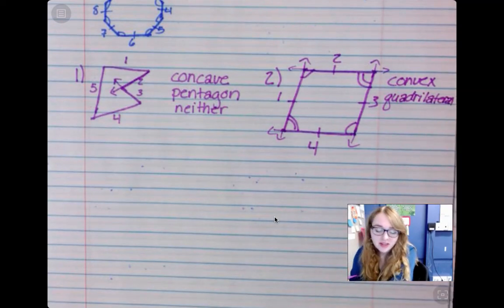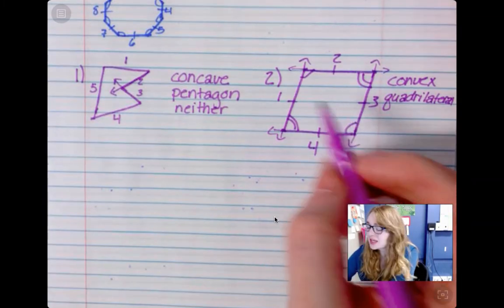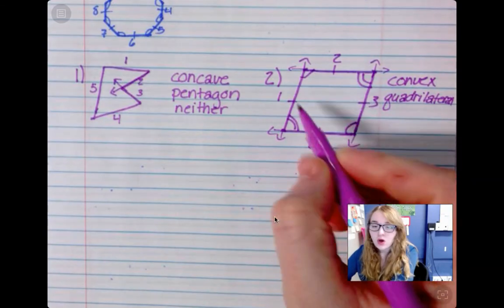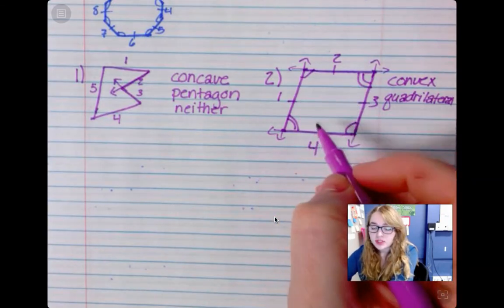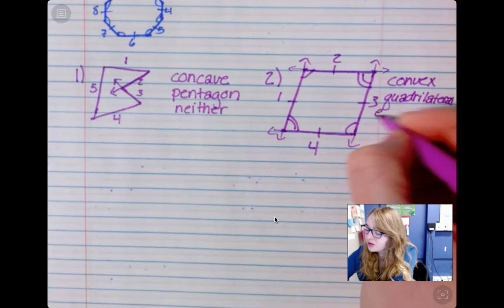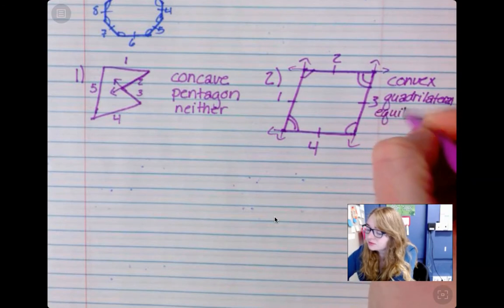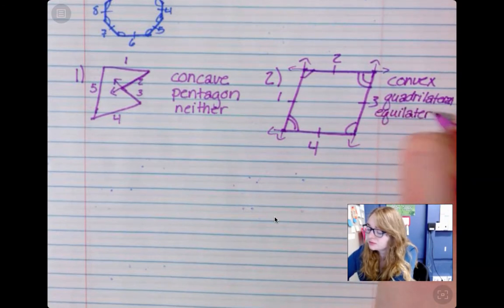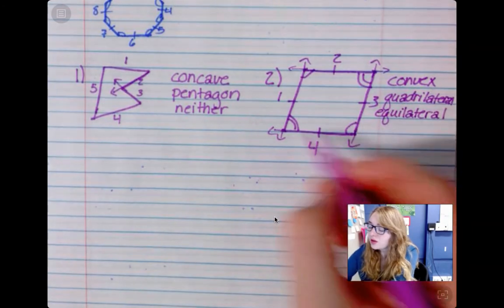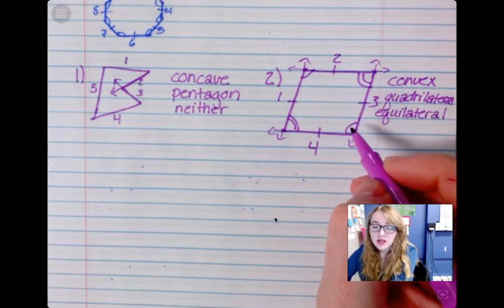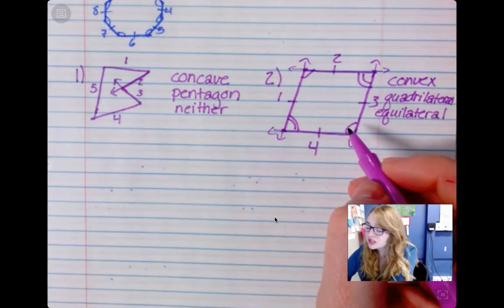Getting kind of squeezed over there. And then, is this equilateral, equiangular, regular, or neither? We can see that this is an equilateral polygon because all of the sides are congruent to each other, so this is definitely equilateral. Although all of our angles have strike marks, they are not all congruent to each other.